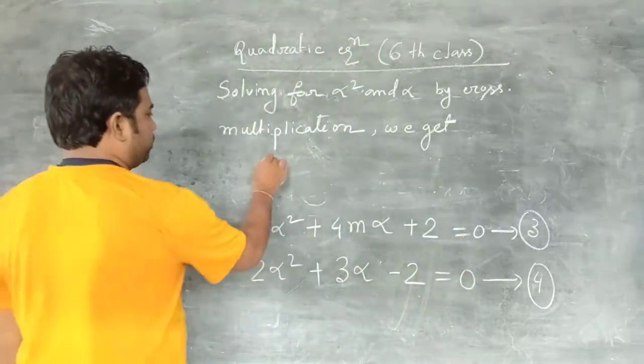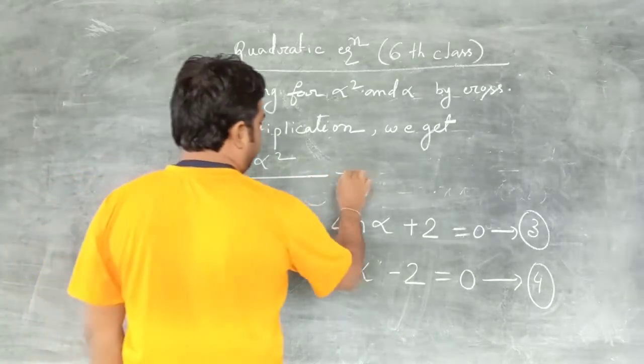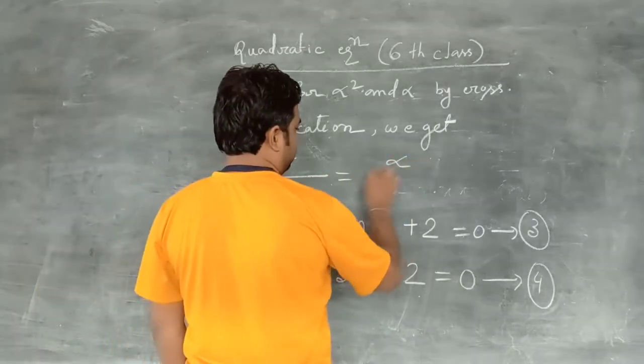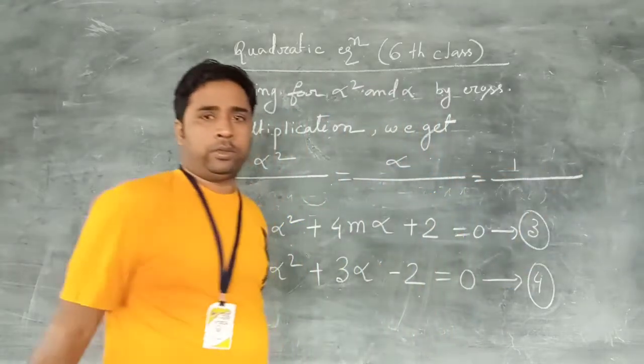First we write alpha square, then alpha, then 1. That was the rule of the cross multiplication method.